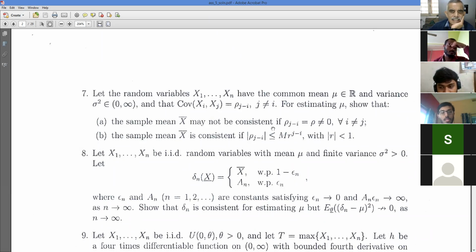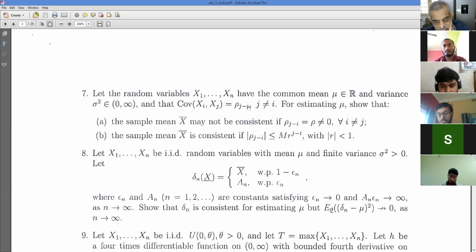So what you can do is consider this. What it says is that when these xi's are correlated, there could be a problem. When they are independent, you know that X bar goes in probability to theta, right? Yes, sir. So what it says is that in the dependent case, there could be a problem.